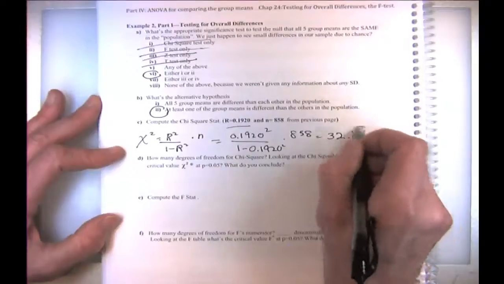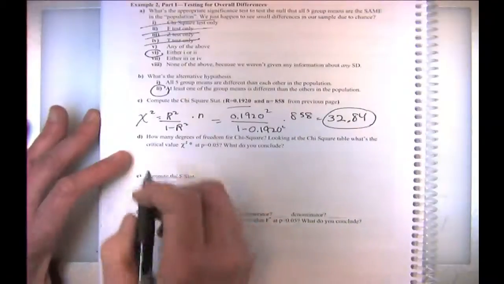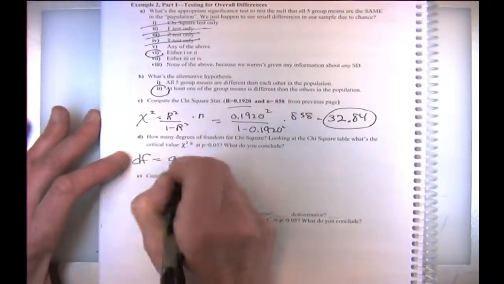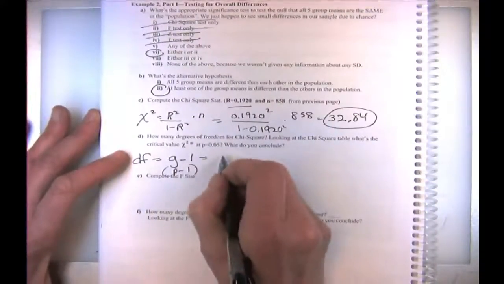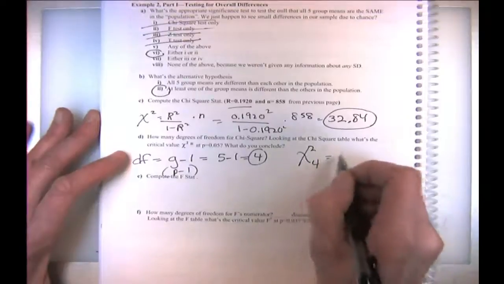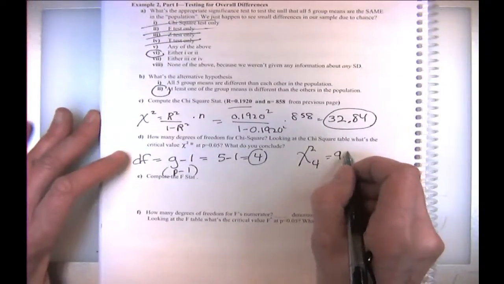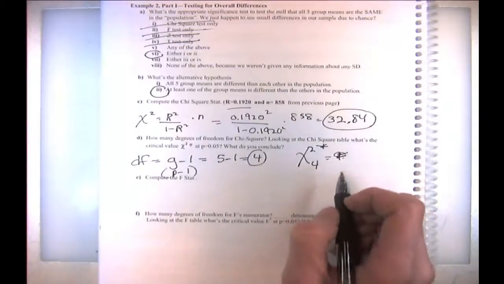Now, how many degrees of freedom? We have to compare it to a chi-squared curve. Degrees of freedom is g minus 1, same as p minus 1. That is 5 minus 1, which is 4. So we look at the chi-squared test with 4 degrees of freedom. I look at the critical value, and since we're running out of time, I'll just tell you I got 9.49.